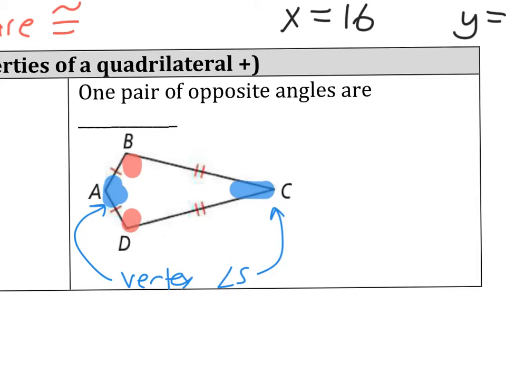So if we wanted to clarify this, we could say one pair of opposite angles, or the non-vertex angles of a kite. And in this case, what would you hypothesize about angle D and angle B? They are going to be congruent.